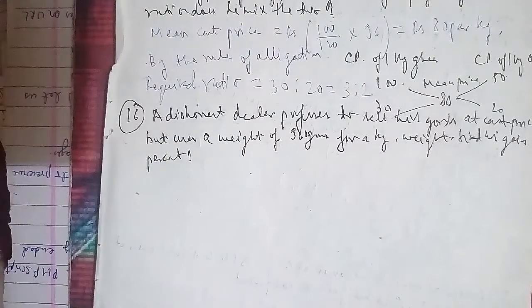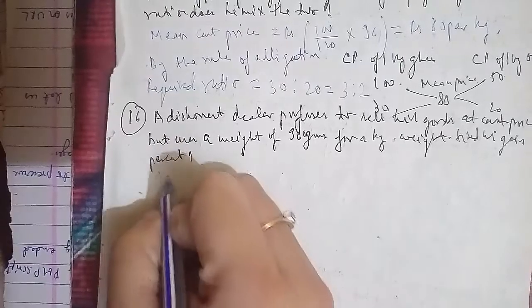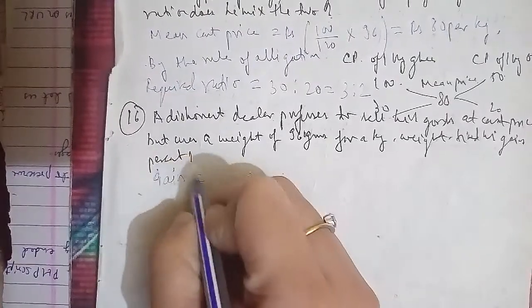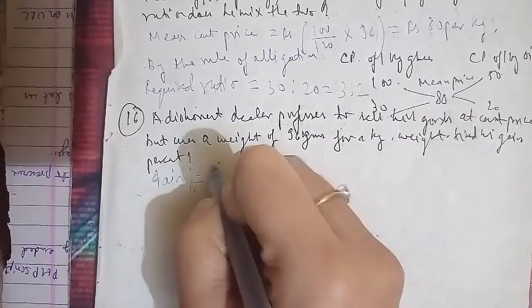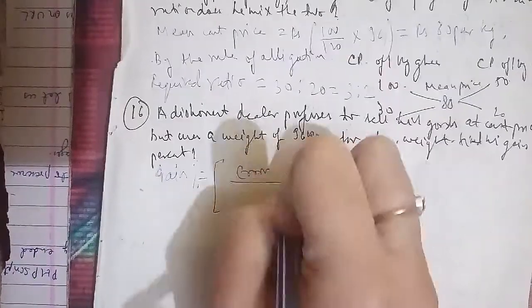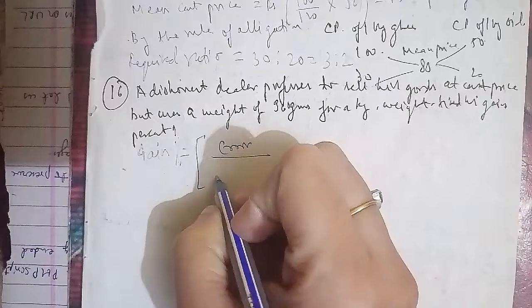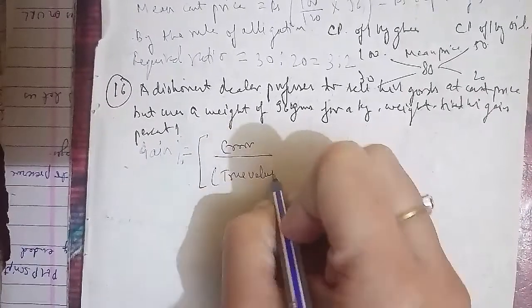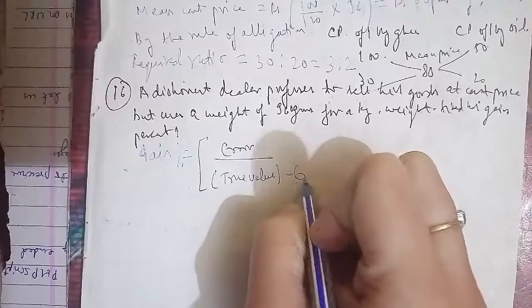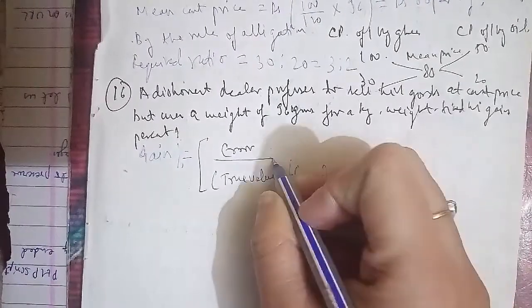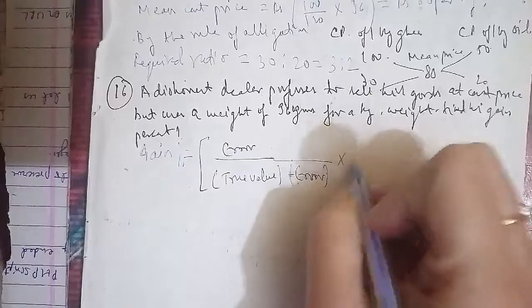Here we go ahead. Gain percent is equal to error upon true value minus error into 100%.